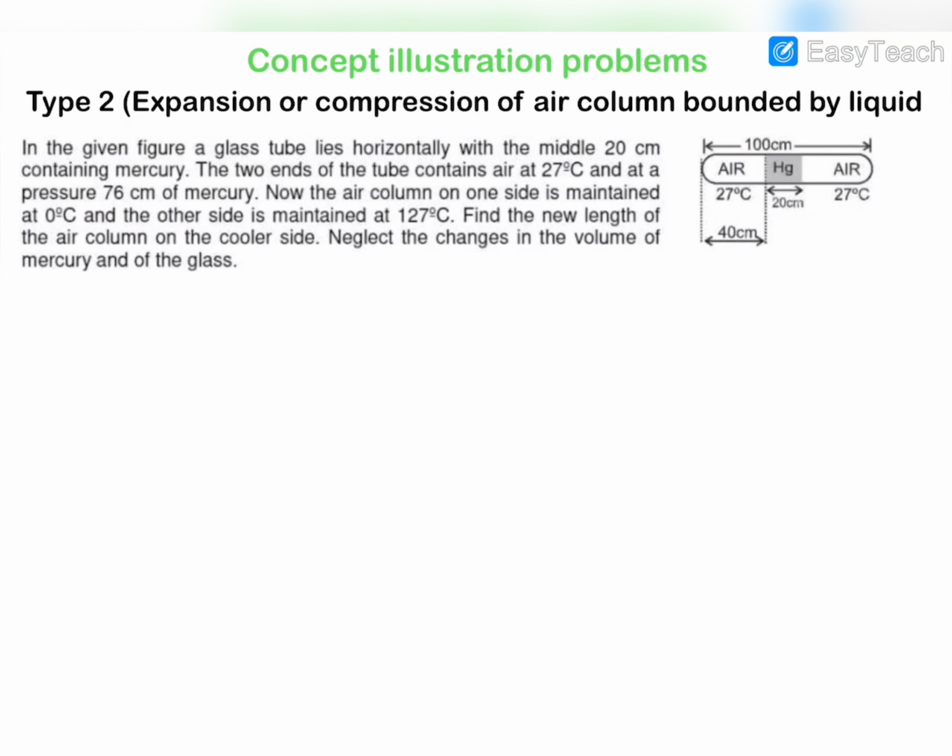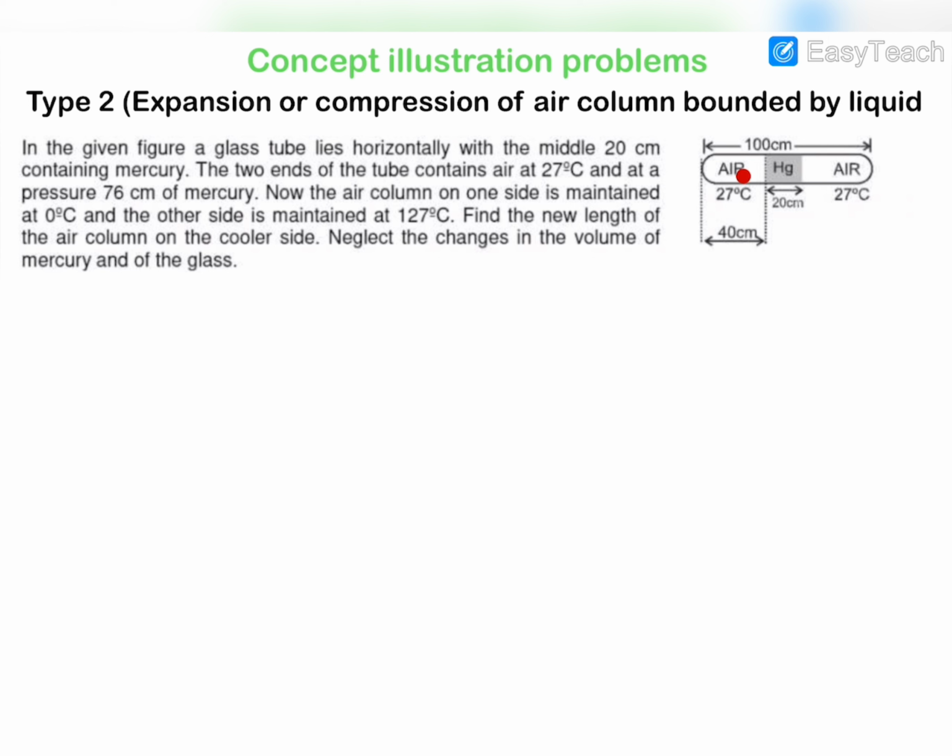In this question you can see that there is a glass tube which is closed at both ends, and it has an equal amount of air on both sides of the mercury, and the length of the air column initially was 40 centimeter on both sides. The mercury column is 20 centimeters long and the total length of the glass tube is 100 centimeters.